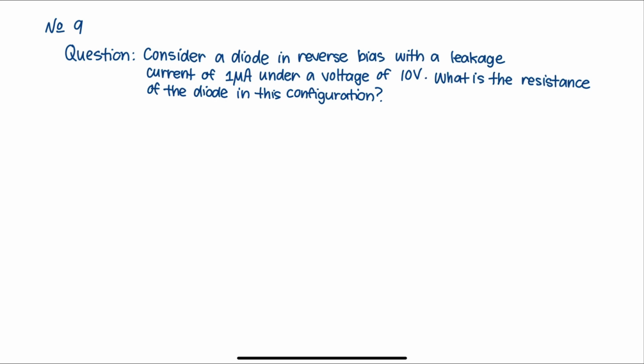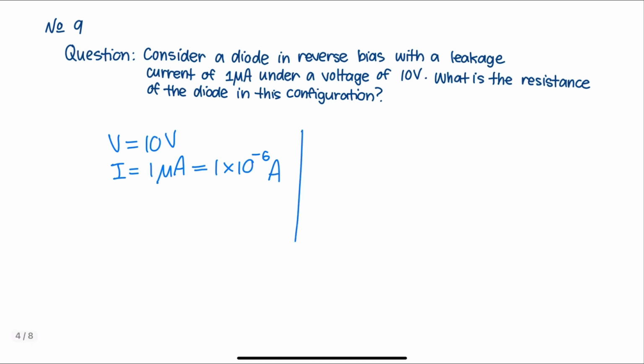So if we write things down, we have voltage, 10 volts, and our current, 1 milliampere, which in scientific notation equals 1 multiplied by 10 to the power of minus 6 amperes.